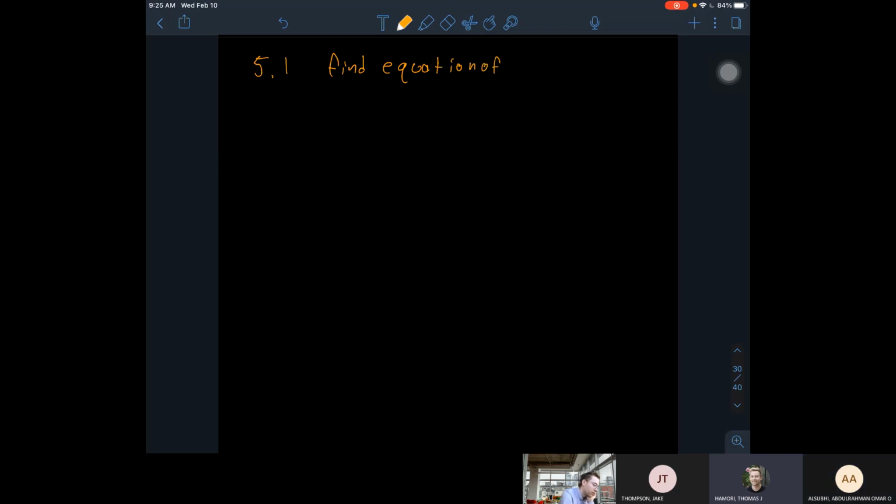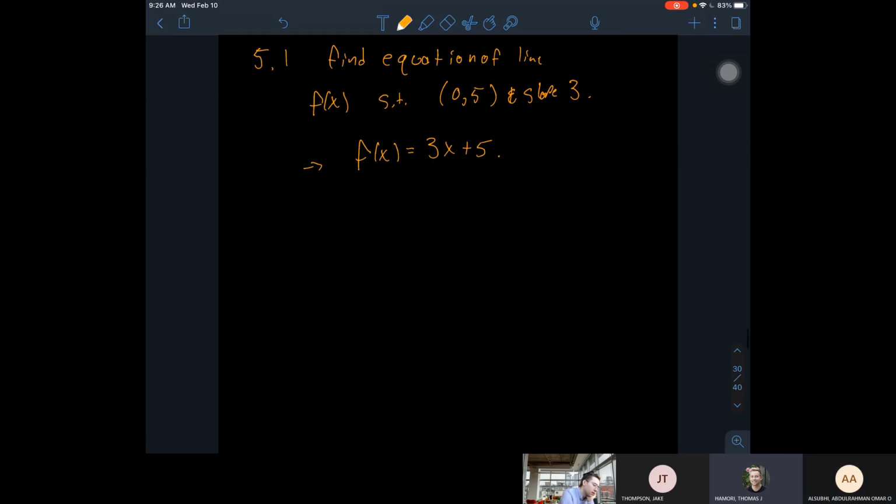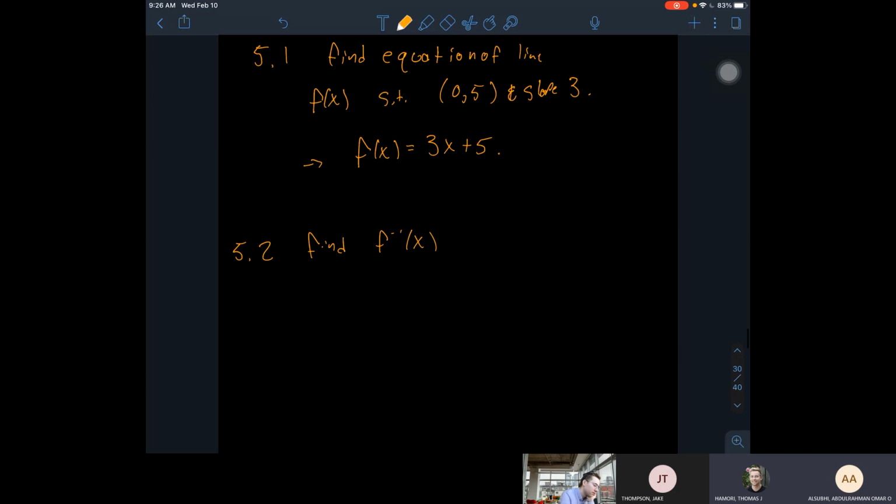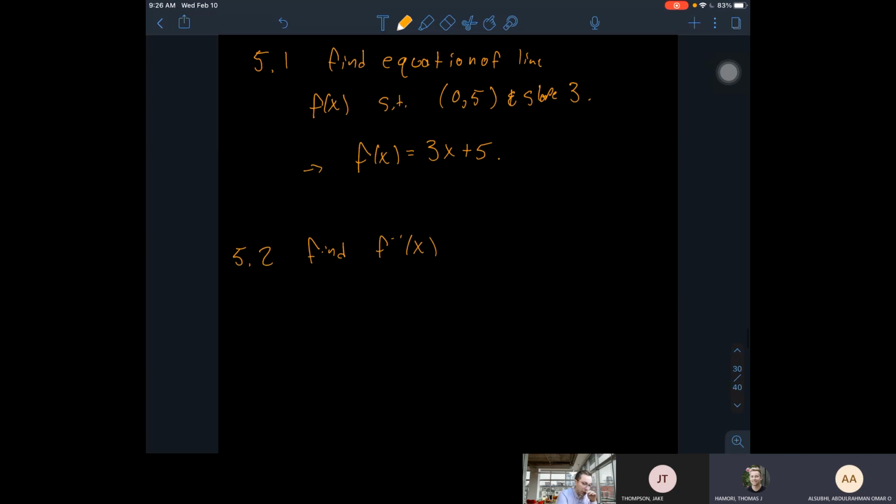Find the equation of line f of x such that it goes through 0, 5 and has slope 3. And the solution of this was, of course, that f of x should be equal to 3x plus 5. I thought 5.1 is completely separate from 5.2. Yeah, I'm sorry.